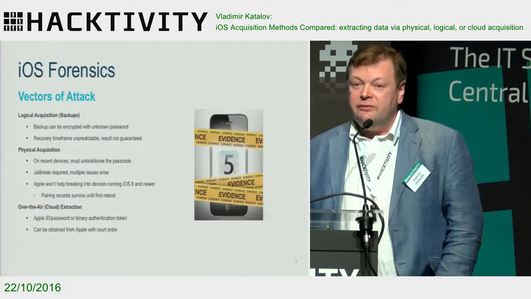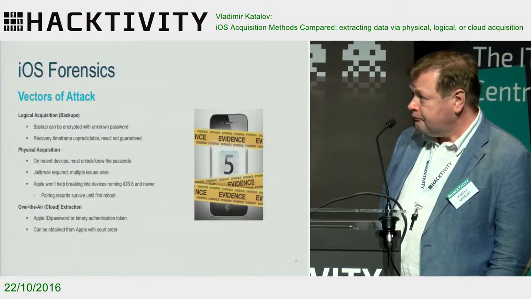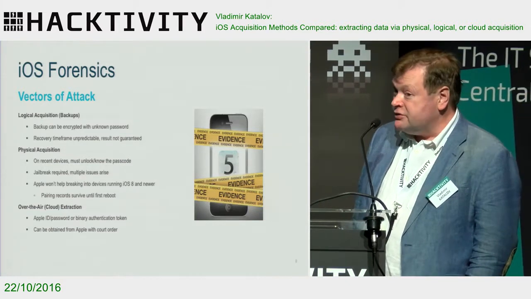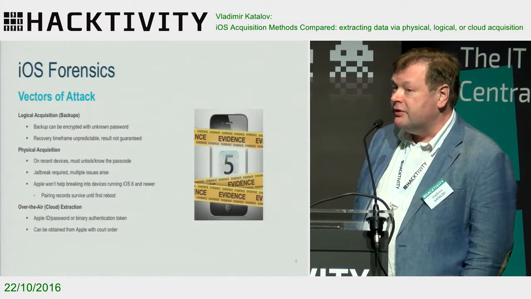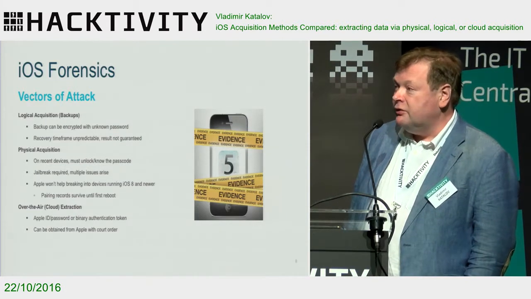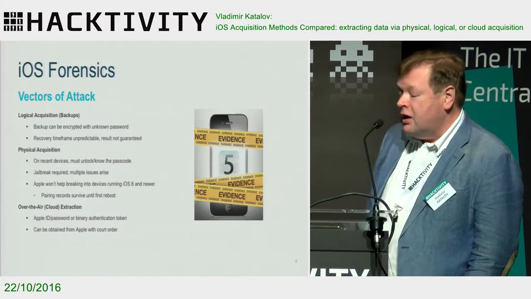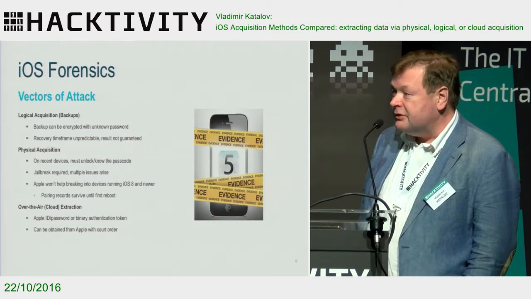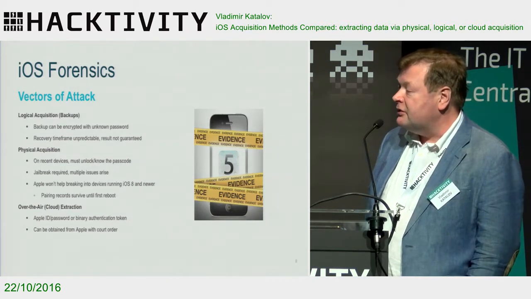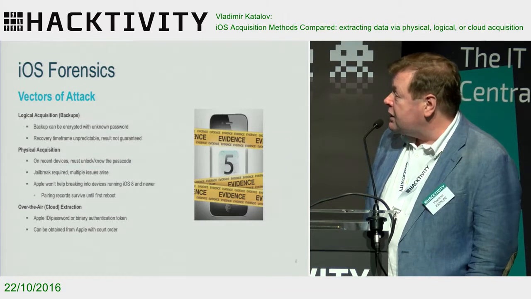There are three main methods for getting all the information from iPhones. The logical acquisition: basically, it is just creating a backup copy of the device using iTunes or any other third-party software. There is a physical acquisition, that's creating a copy of the memory chip, not with the methods I have mentioned earlier, but using software.